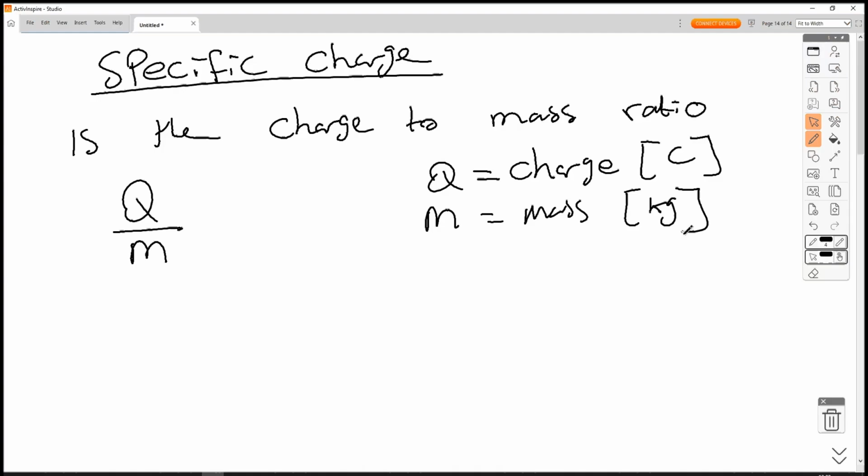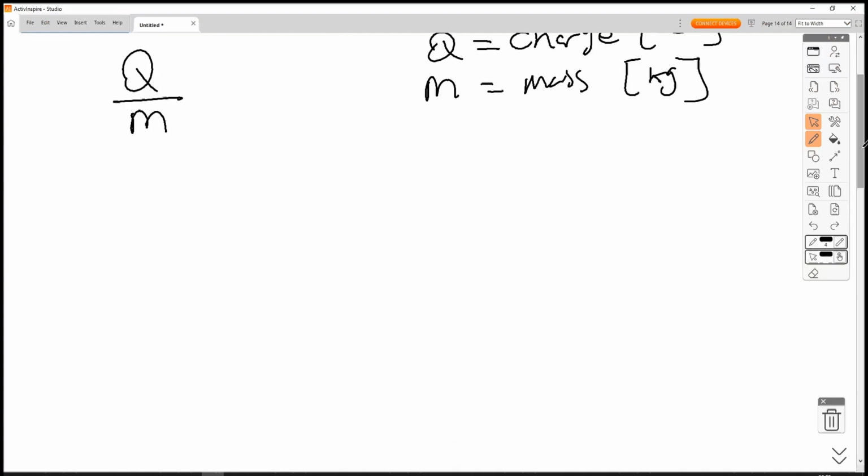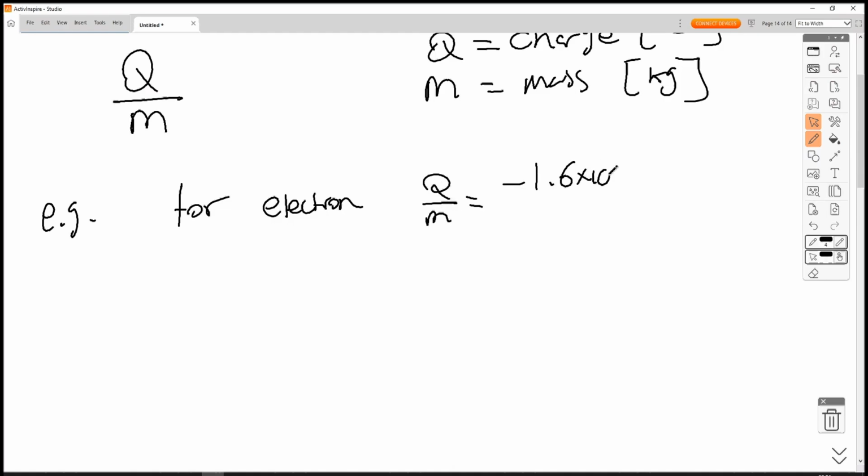If we did this for a few examples, for the electron, Q over M is equal to minus 1.6 times 10 to the minus 19 divided by its mass, 9.11 times 10 to the minus 31.